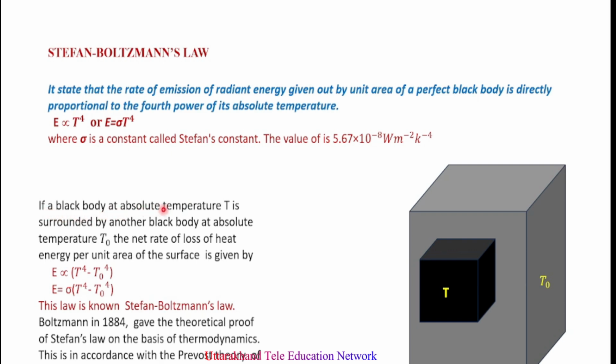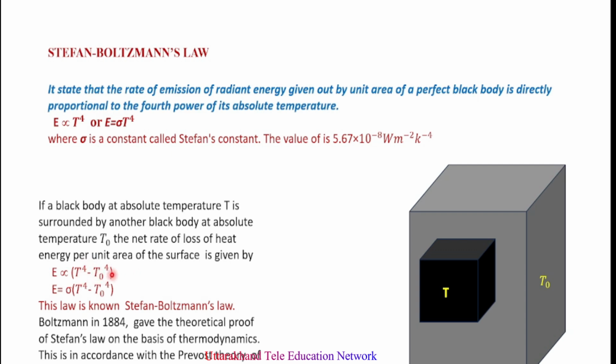If a black body at absolute temperature T is surrounded by another black body at absolute temperature T0, the net rate of loss of heat energy per unit area of the surface is E proportional to T to the power 4 minus T0 to the power 4.